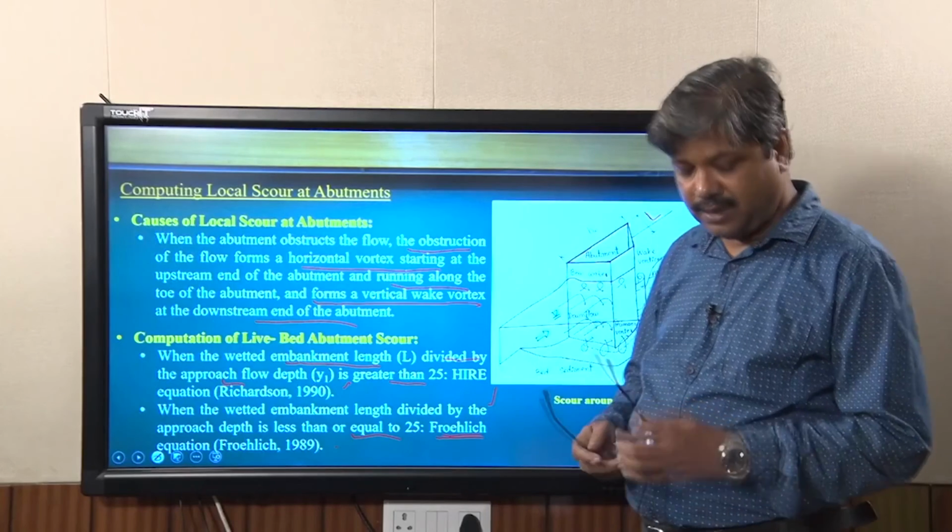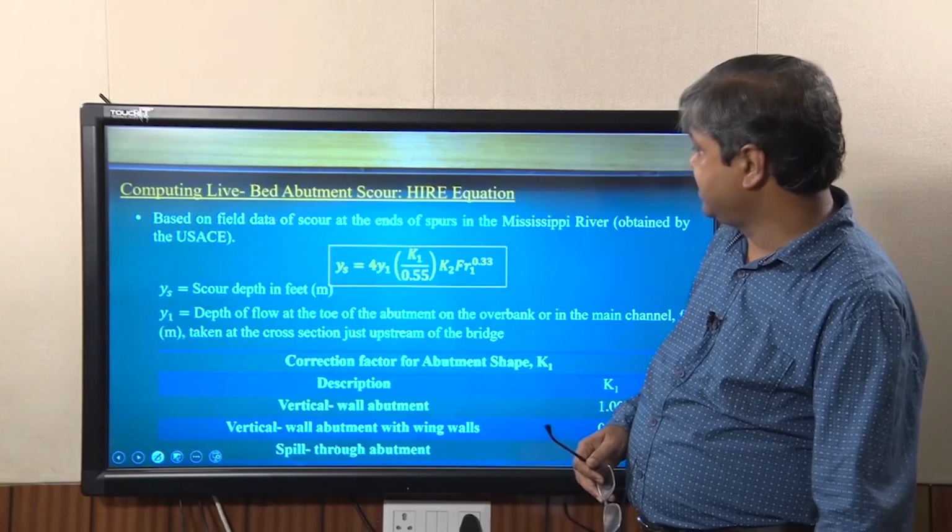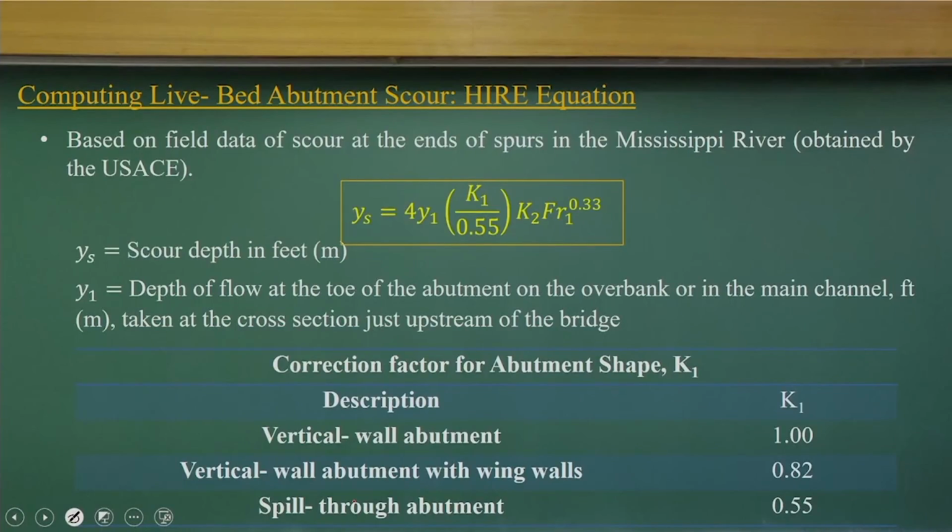So these are the basics. The HIRE equation was developed from field data of scour at the ends of spurs; the spur and the abutment are more or less the same, for the Mississippi River, by the US Army Corps of Engineers. That's what was developed from the field scour data.